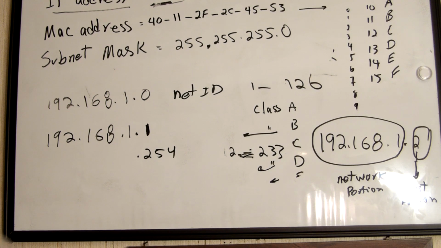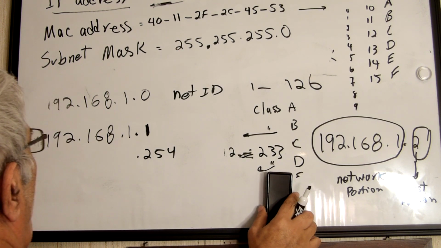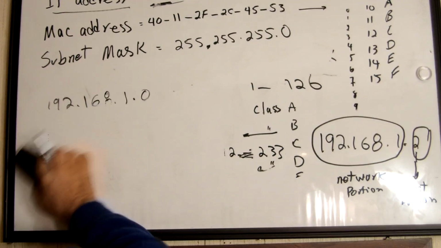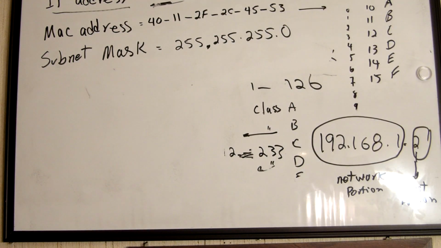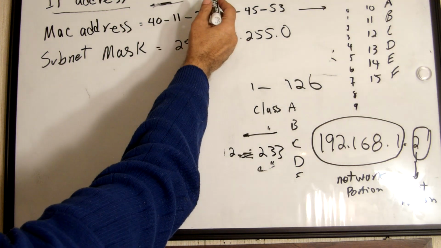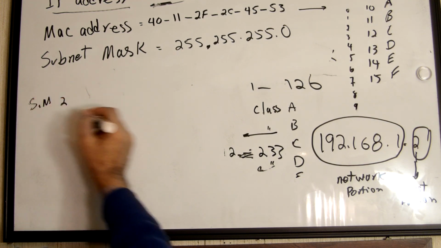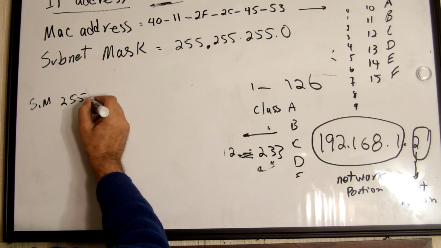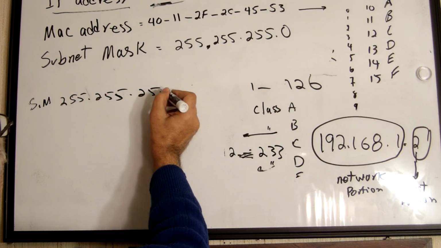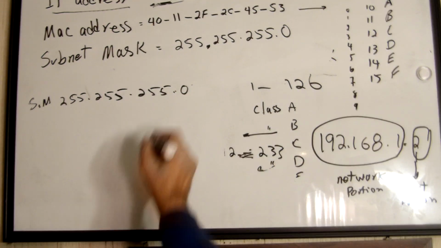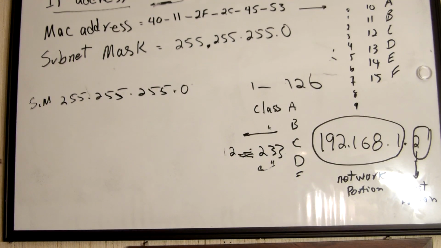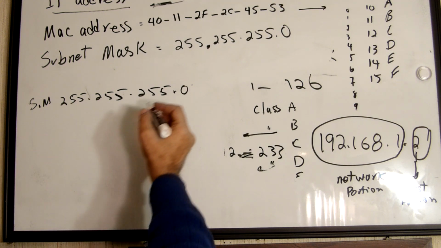So what we are going to do is say that this one has a subnet mask of this class C, 255.255.255.0.